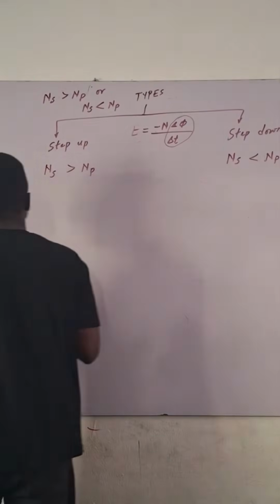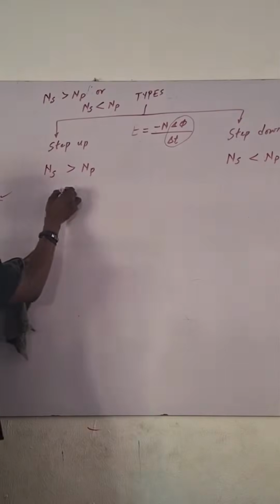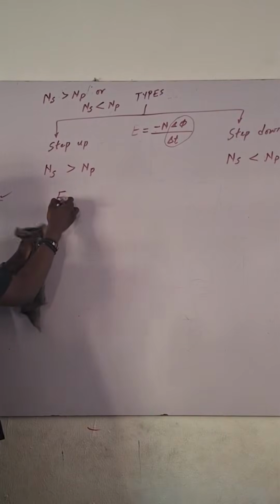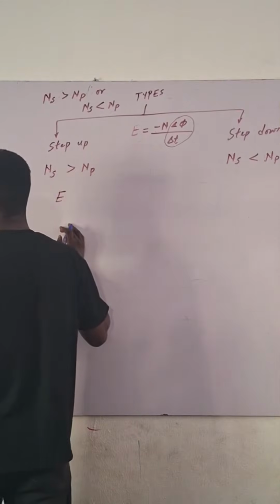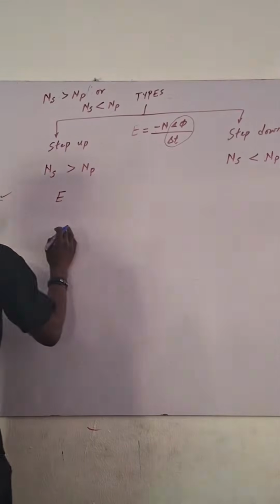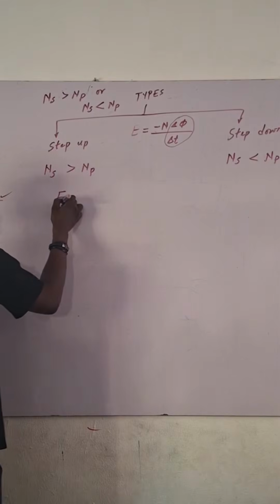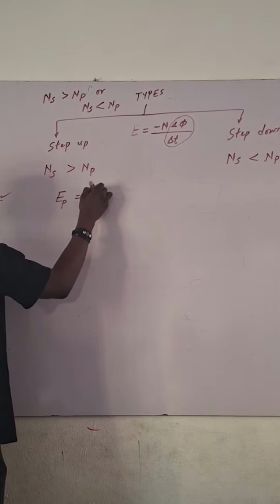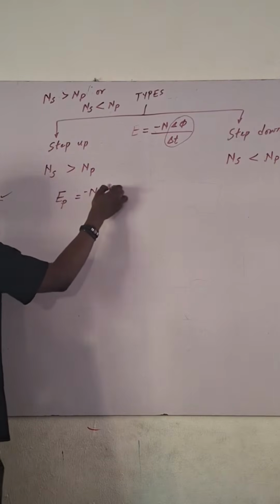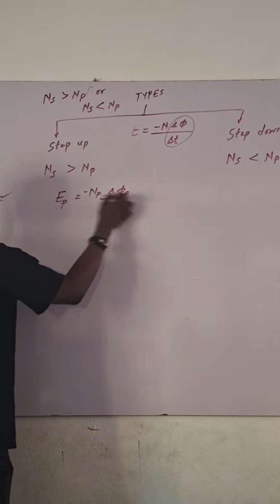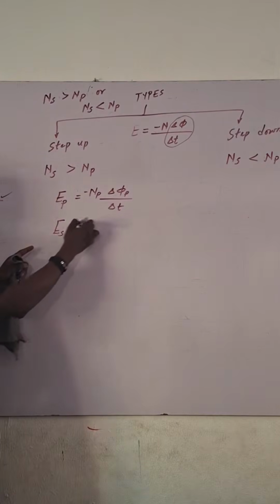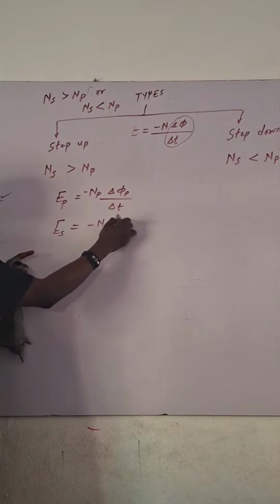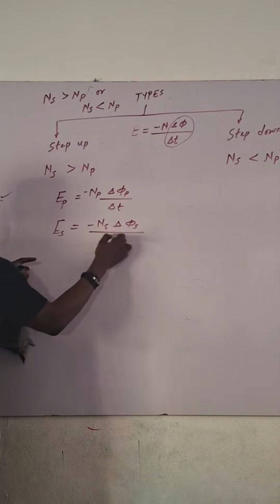So, for this one now, E from primary is going to be the number of turns of primary, times the change in flux of primary over change in time. While E secondary is also going to be the number of turns of secondary, times the change in flux of secondary over change in time.